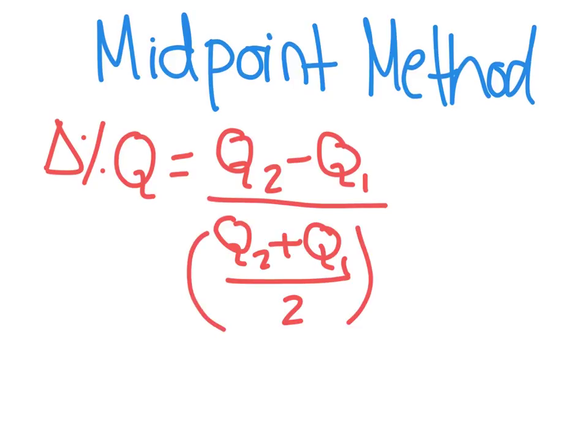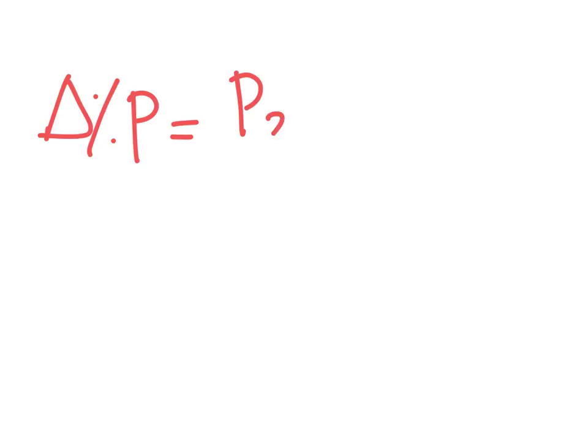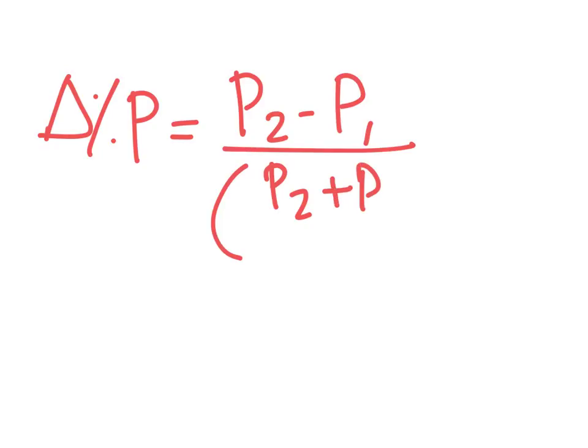So this is the midpoint method for the quantity. If you wanted the midpoint method for the price, it would be the same thing. So the percentage change in the price would equal P2 minus P1 over (P2 plus P1) divided by 2.